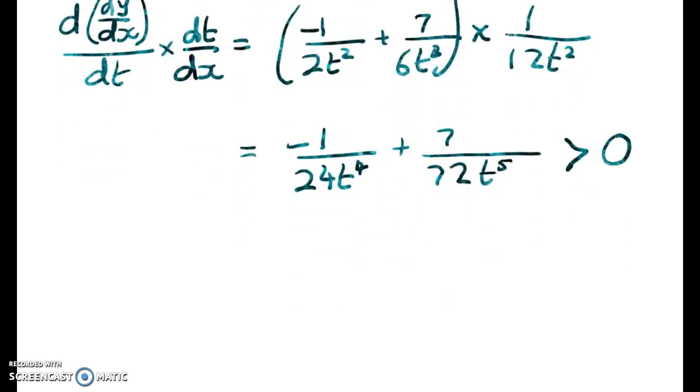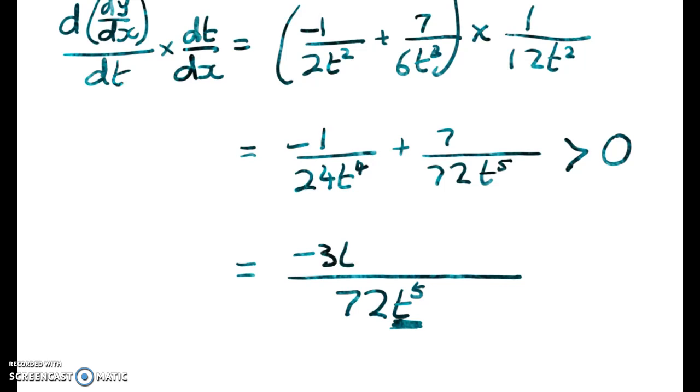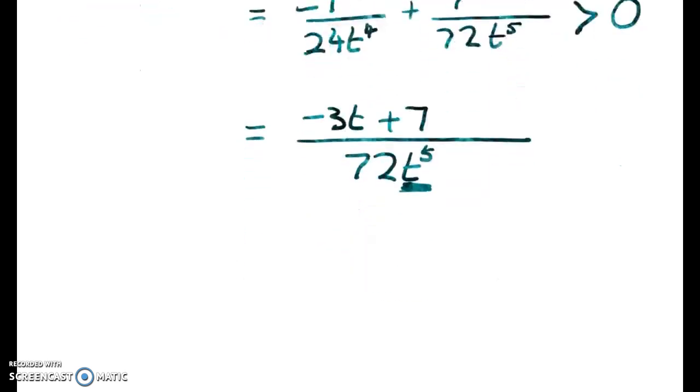Let's get a common denominator and then start checking different situations. We don't like the fact that we've got t to the power of 5 here, but we have. So I'm going to multiply through by 3t plus 7. Be really careful here. We've got two cases. What happens when t is negative? We want to have this thing be positive.